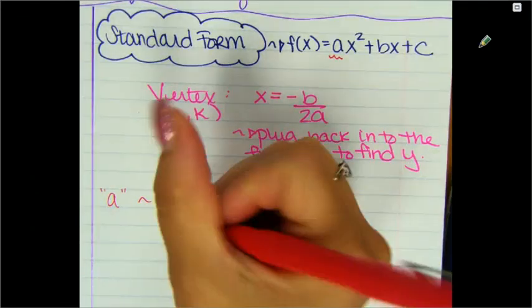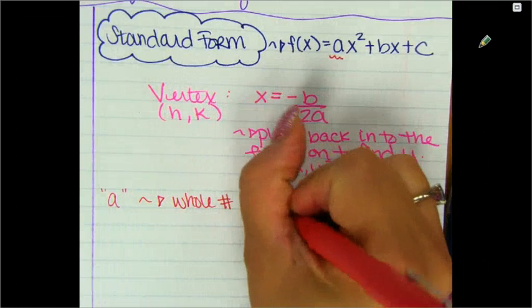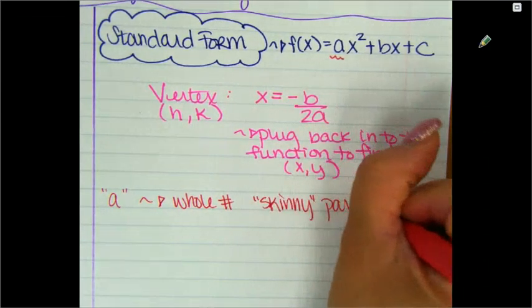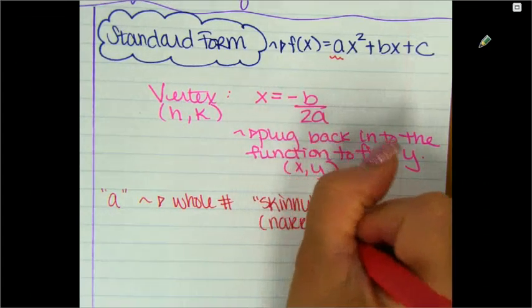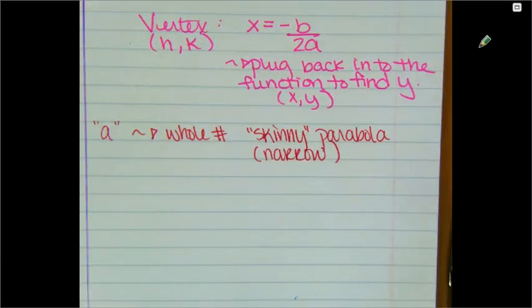So it's also going to tell us if it's a whole number, we have what we call a skinny parabola, or the nicer word is narrow.